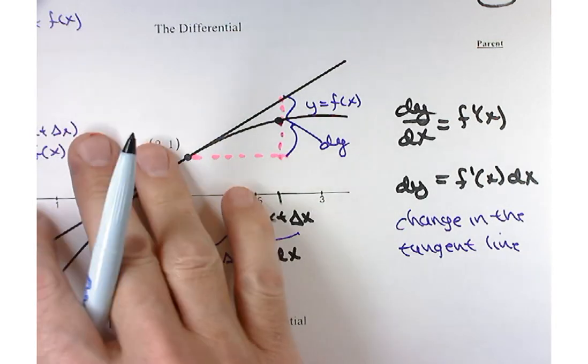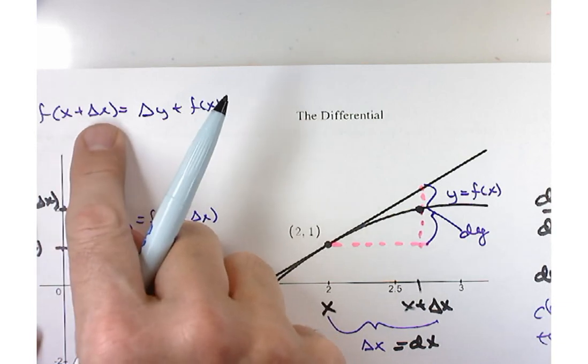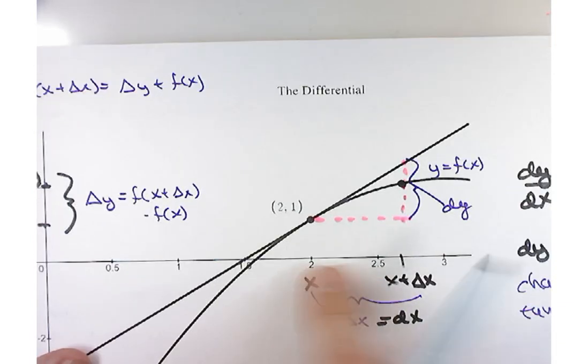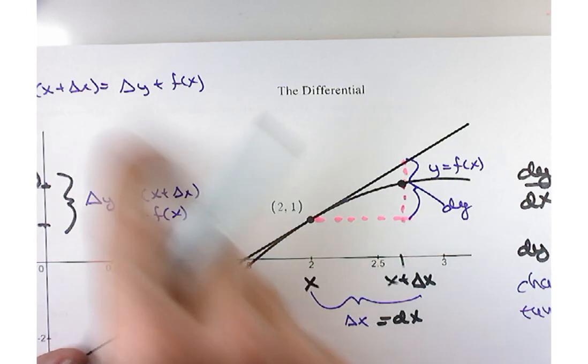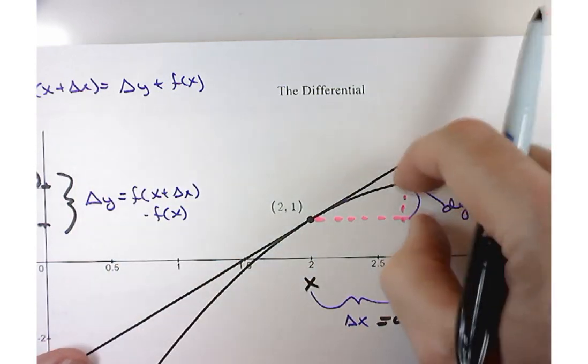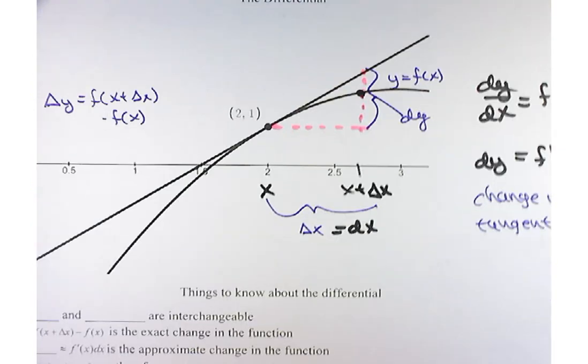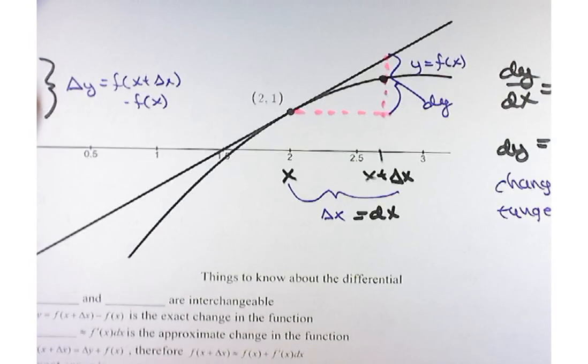Let's look back at this equation. I have f of x plus delta x. So my function evaluated at some new point is the function evaluated at the old point plus the exact change in the function. That's fine. But I want to tweak that a little bit.